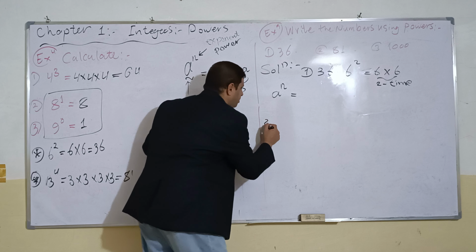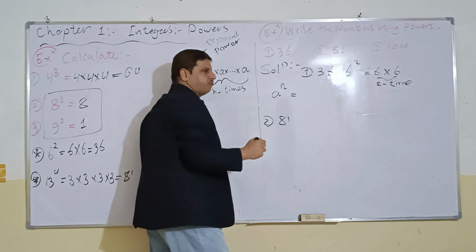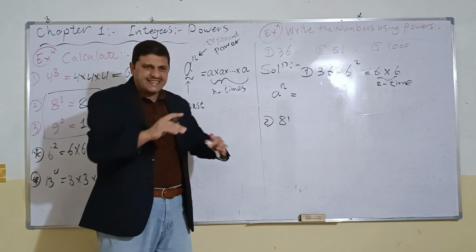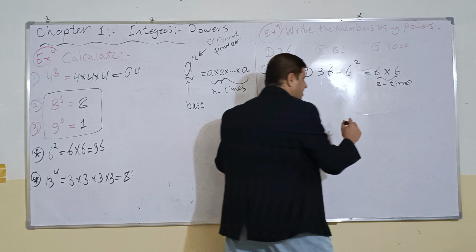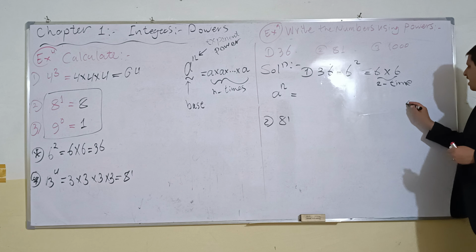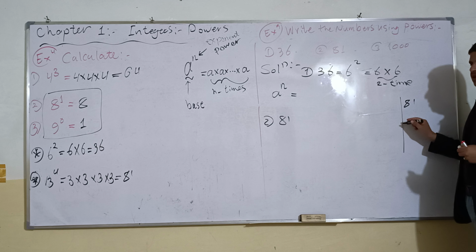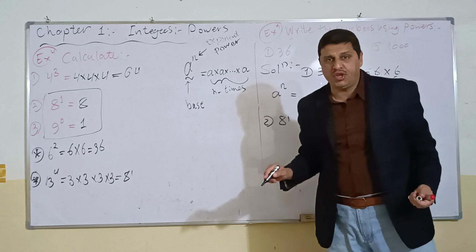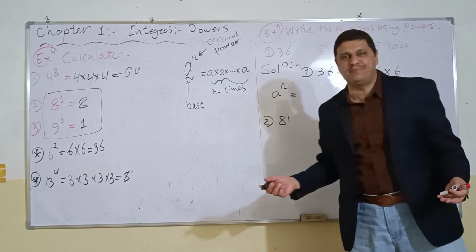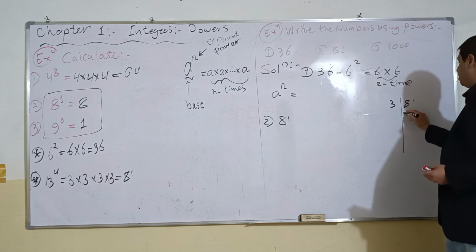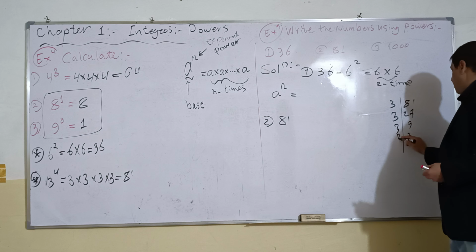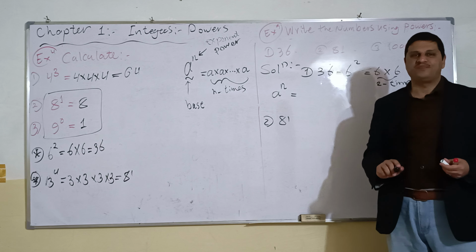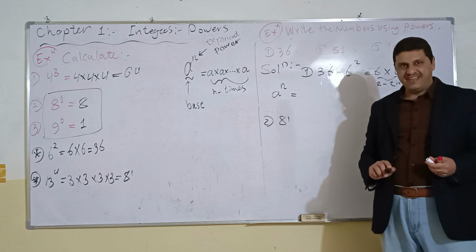Number 2, 81. It is a big number. Thus, I will analyze 81. By 2 or by 3? By 3, because it is an odd number. 81 by 3 is 27, by 3 is 9, by 3 is 3, by 3 is 1.